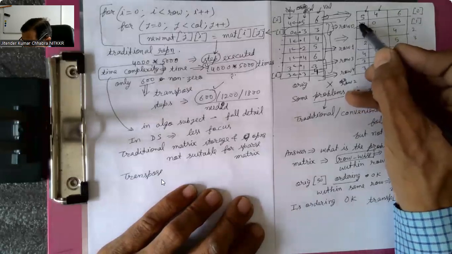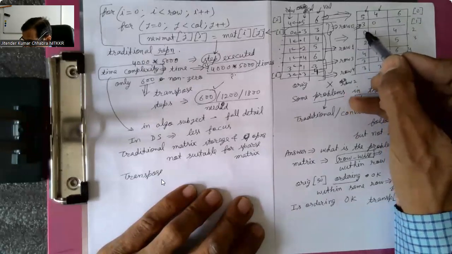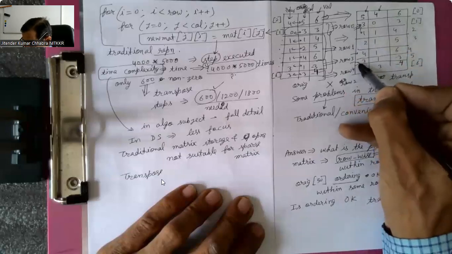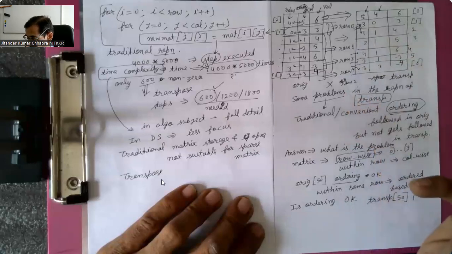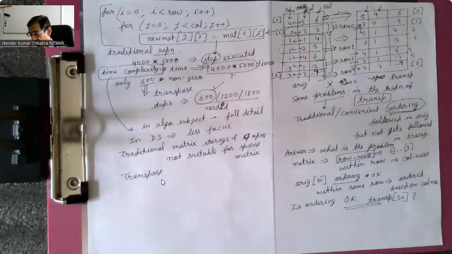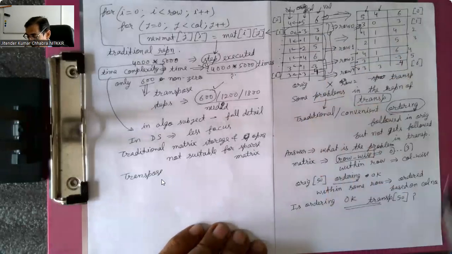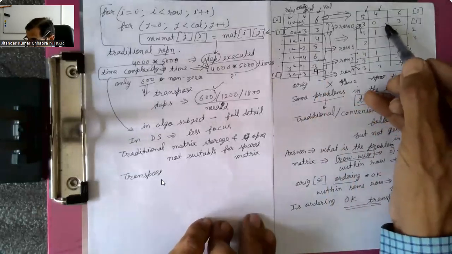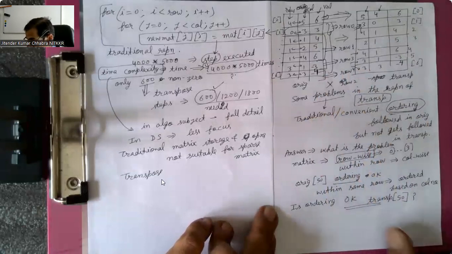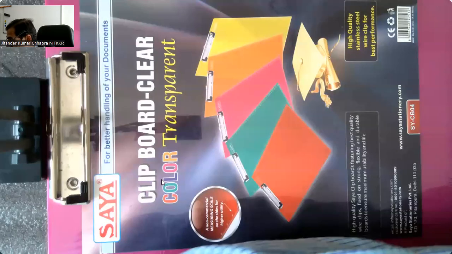Now, row number 3 comes before row number 1, then comes row 4, then again comes row 3. So this ordering has become a problem. And the ordering was obviously going to become a problem because the previous column number has been swapped and that became the row number. Those who couldn't understand why we interchanged this value, you could easily see it if I have the original matrix like this.